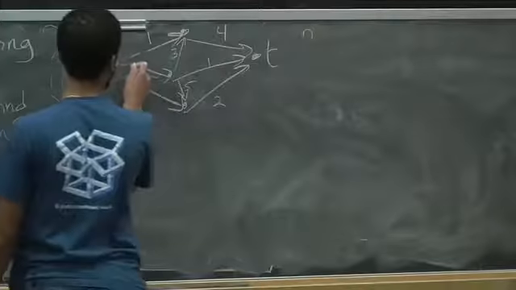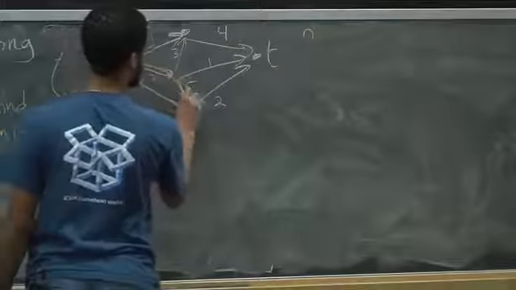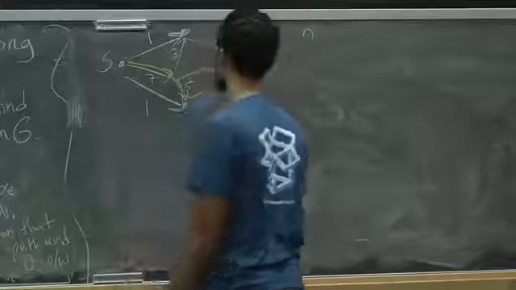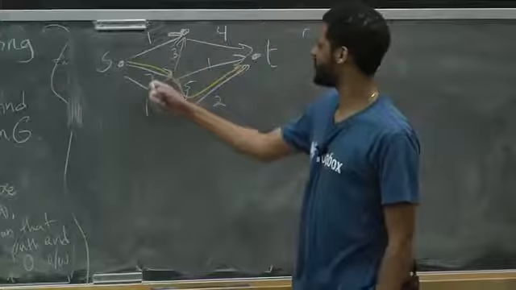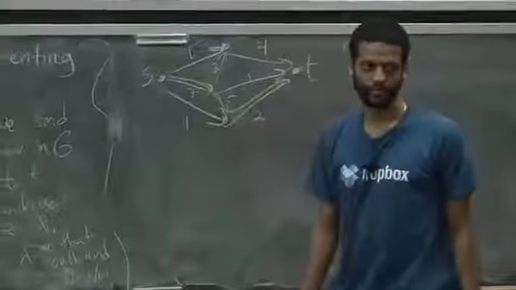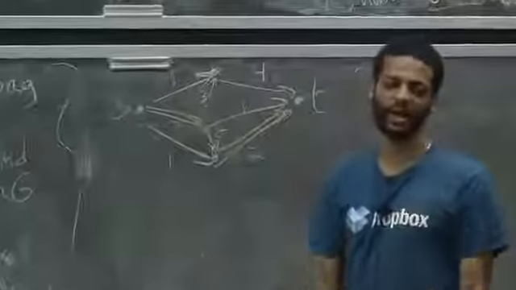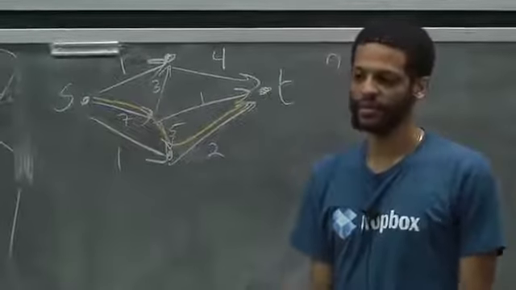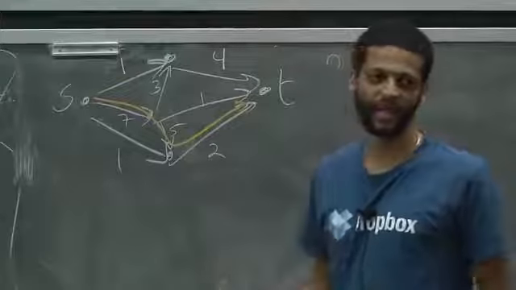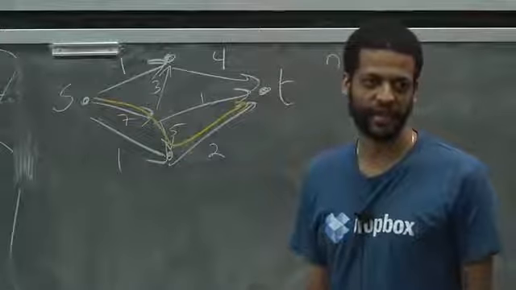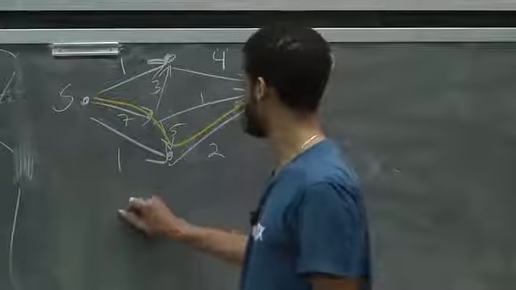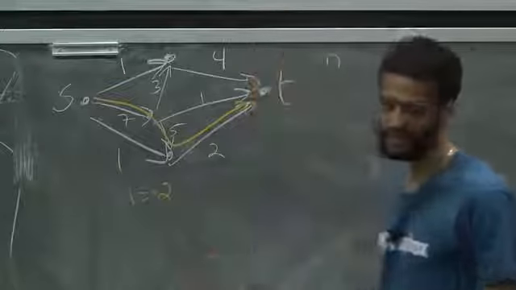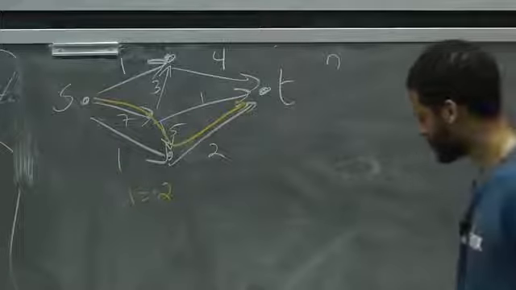So maybe I find the path that goes here, then here, then here. So this path has 3 edges: the 7 capacity, the 5, and the 2. I'd like to push flow along this path. But how much flow can I push on this path before I become infeasible? Well, I can push 2. Basically the minimum, so lambda here is 2. That's what I meant. Okay, great.